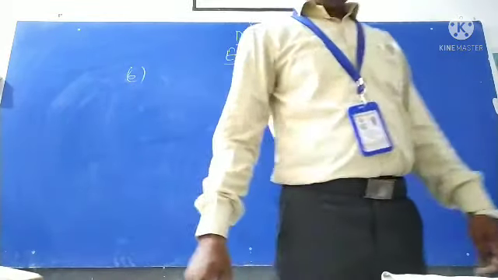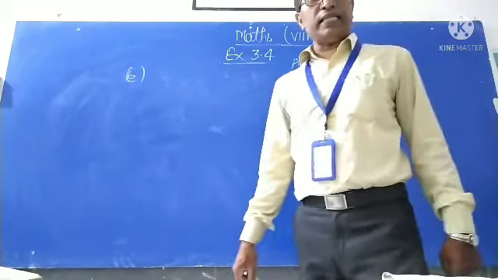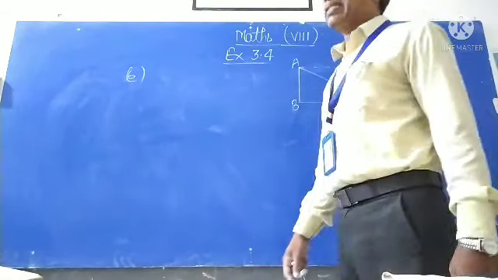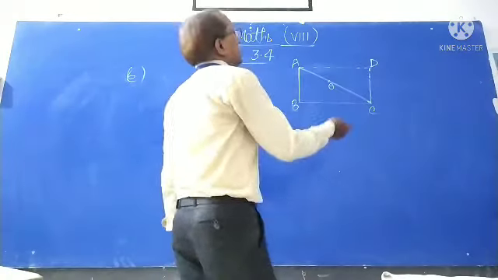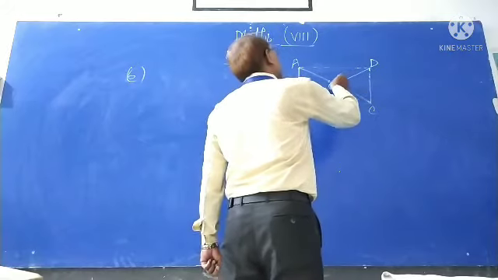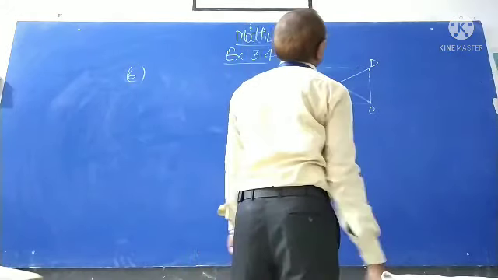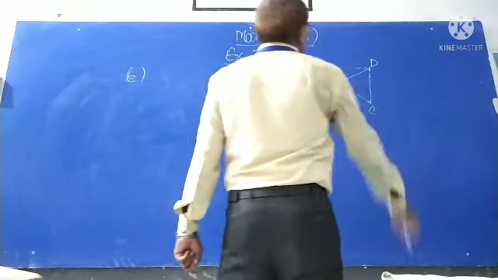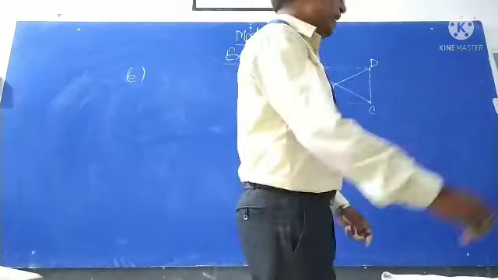Then you prove that O is equidistant from A, B and C respectively. This means just draw a diagonal of this rectangle like this, and you know that diagonals of a parallelogram bisect each other.